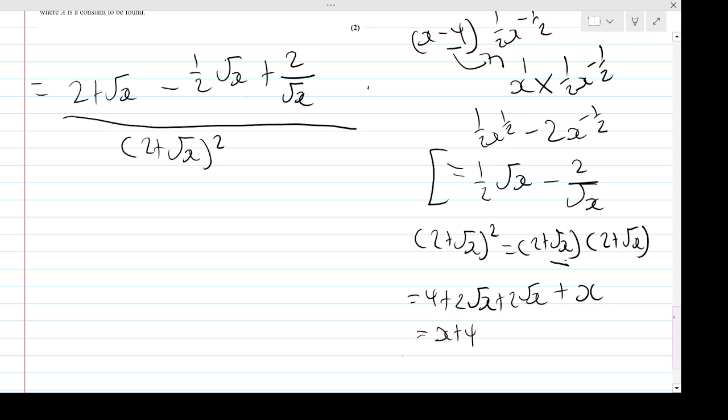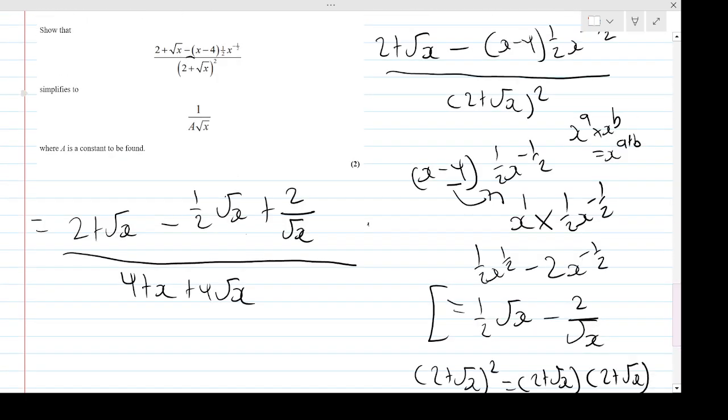I can't do anything there. But then I have 2 root x and another 2 root x. I can say then that's 4 root x. So the bottom bit actually goes down to, if I get rid of this, I've expanded it, and now I can say that's 4 plus x plus 4 root x.